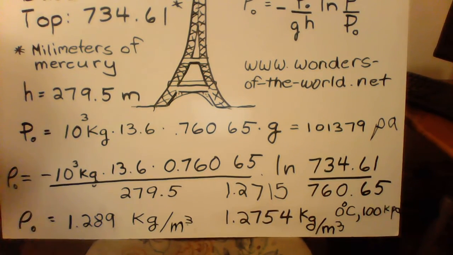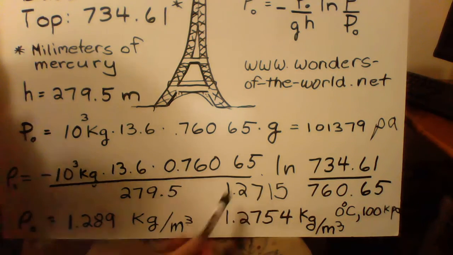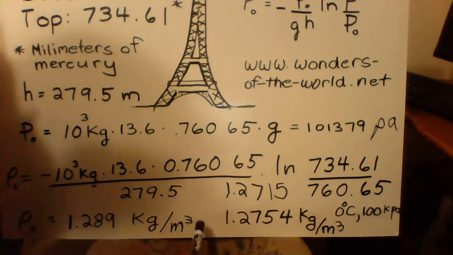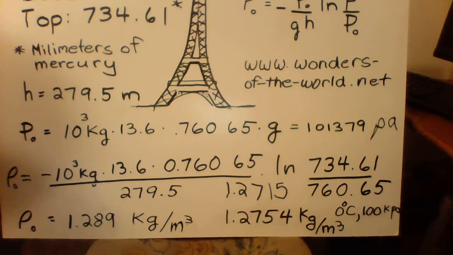So as it turns out, if we were to make the correction, we would end up getting 1.2715 kilograms per meter cubed. It compares, for whatever it's worth, somewhat favorably with the standard number for that measurement.